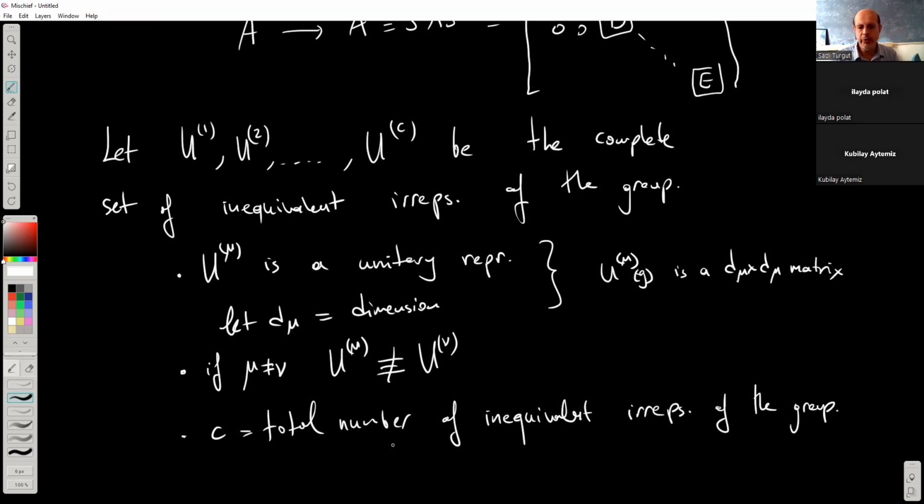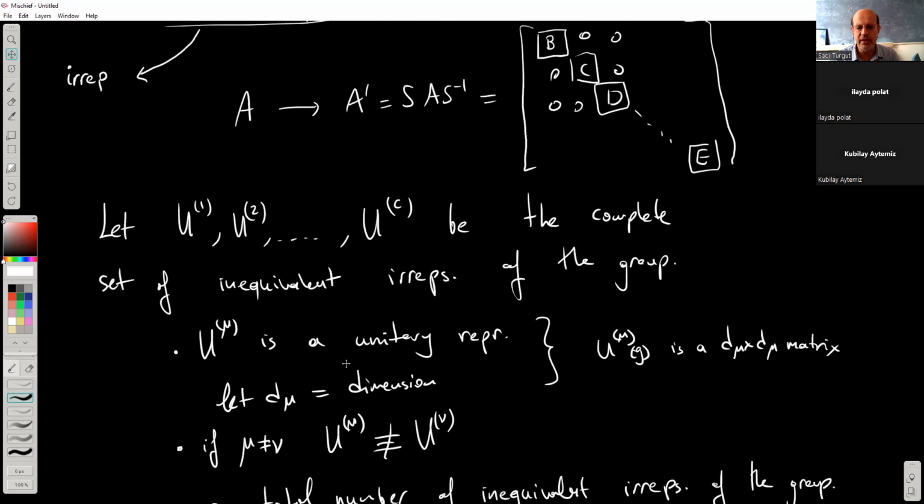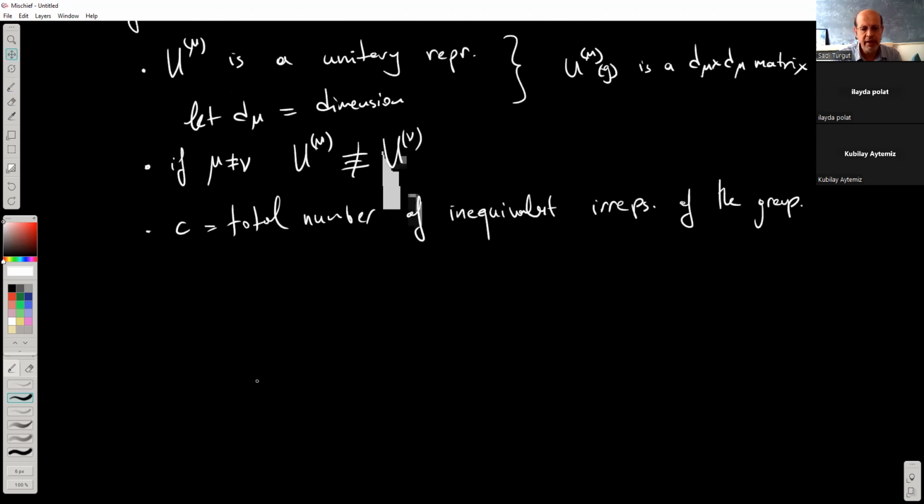But once we choose this set of matrices, I can decompose any given representation as a direct sum of these. Let's say A is any representation.